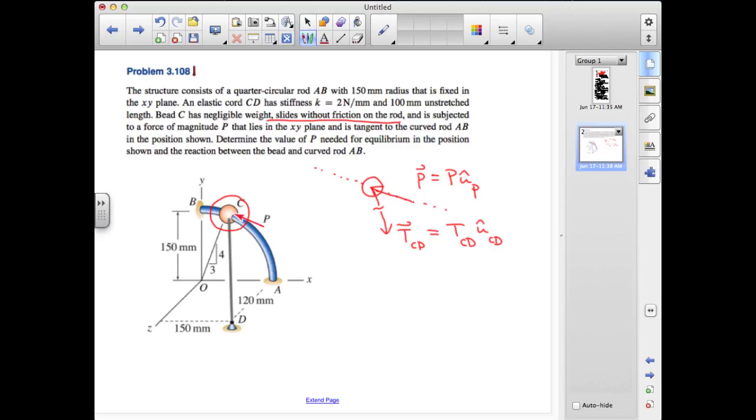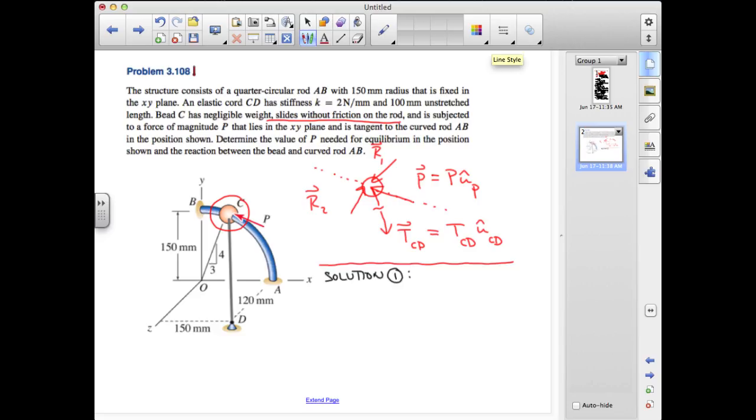For now, I'm going to draw a reaction force R1 and another reaction force R2, and we'll talk about how to get those in just a minute.